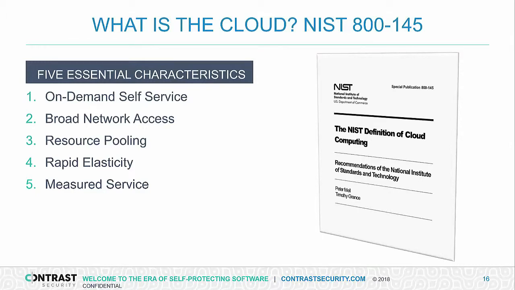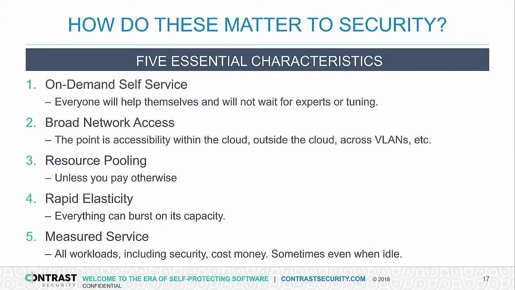And what they describe, which is also used by AWS and Azure, is that a cloud has 5 essential characteristics: on-demand self-service, broad network access, resource pooling, rapid elasticity, and a measured service. And the reason that each of these matter to security is, regarding on-demand self-service, everyone is going to help themselves. They're not going to wait for any human expert to go through, do a scan of their application, or make any kind of tuning.